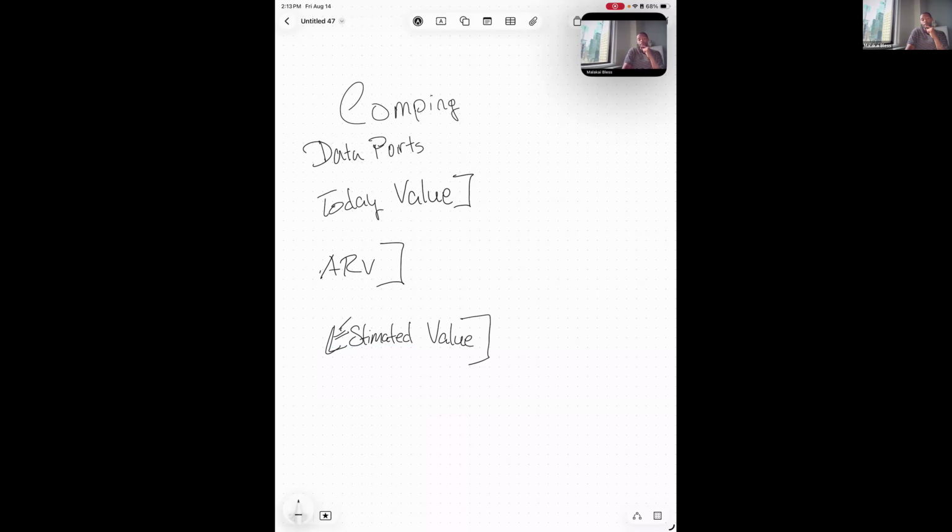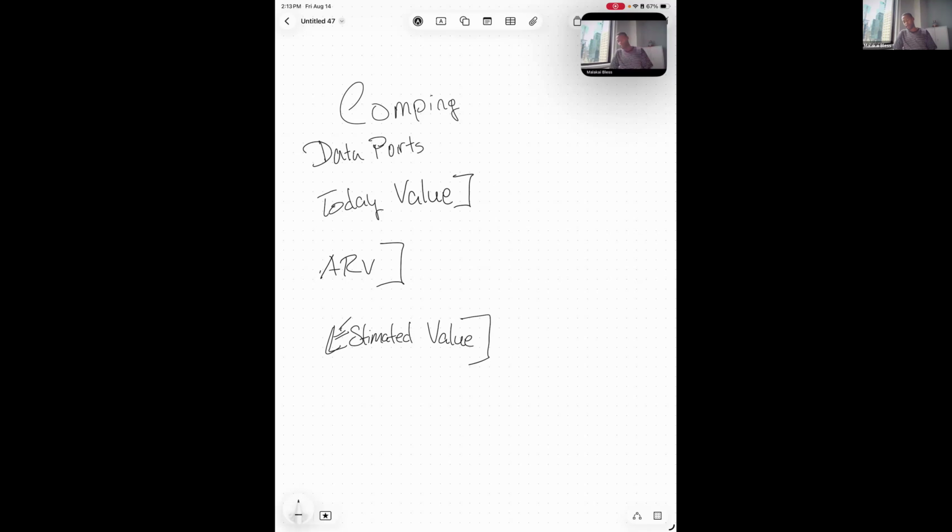And even from the seller's perspective, what is the seller's perceived value of the property? This could be an arbitrary number. This could be completely out of whack from what's realistic. But for what we're doing, this is also a data point at the end of the day. Sometimes you'll hear me ask the realtor on the phone, what do you think it's worth today? They give me a number, then I can plug in this perceived value.